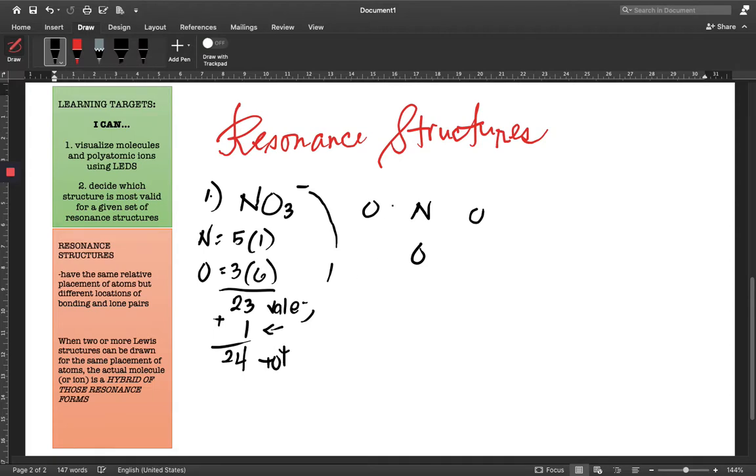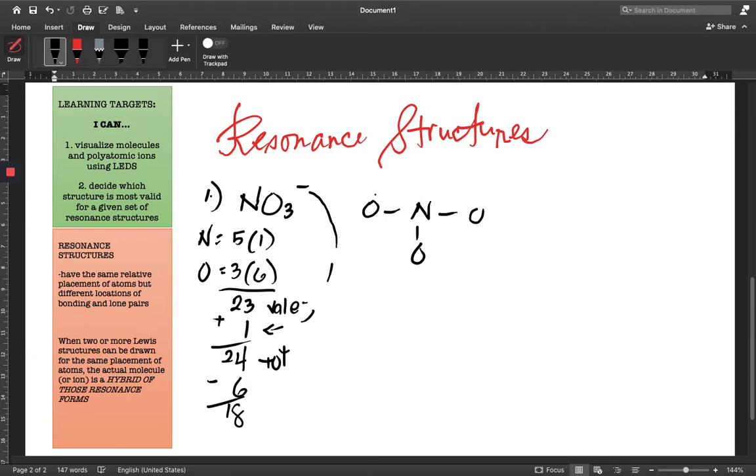The next thing to do from the previous discussion is that we connect these atoms using single bonds, and there are 3 single bonds, so we have to subtract 6 because each single bond is made up of 2 valence electrons. That would give us 24 minus 6, 18 valence electrons.